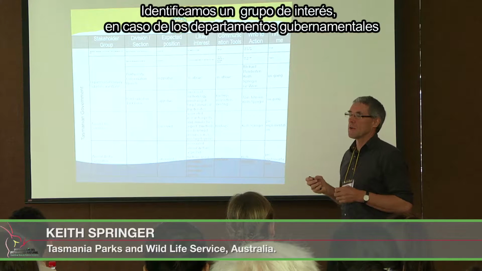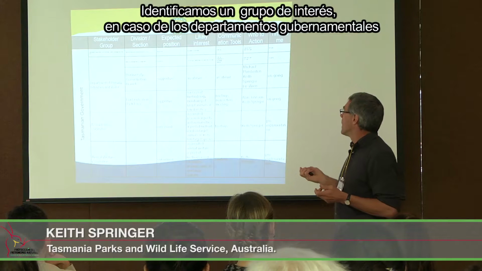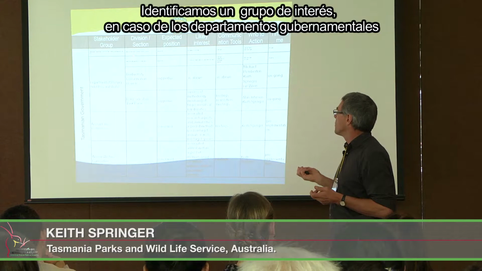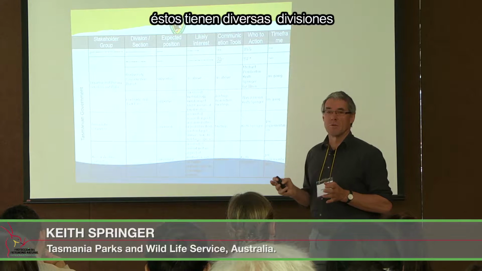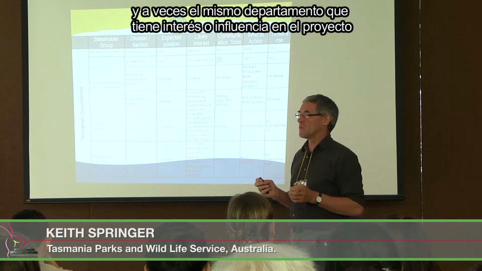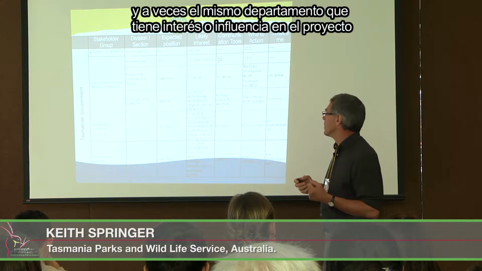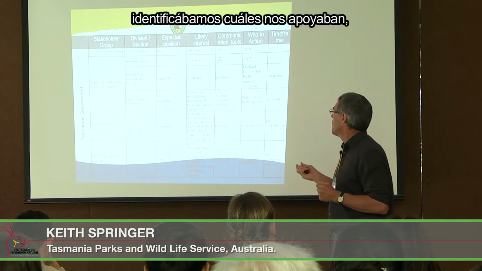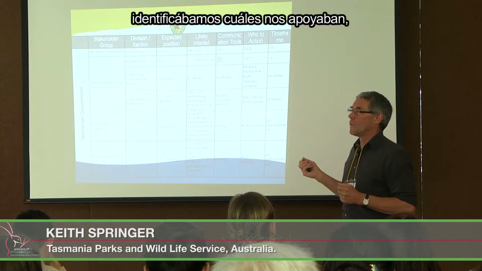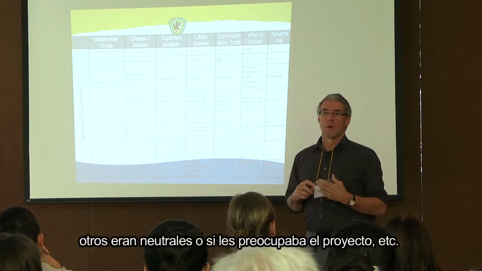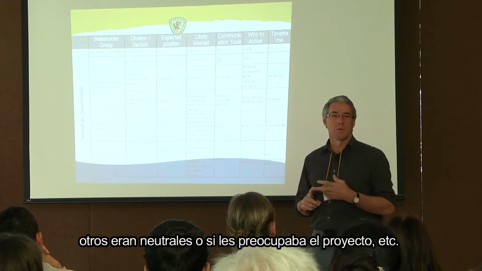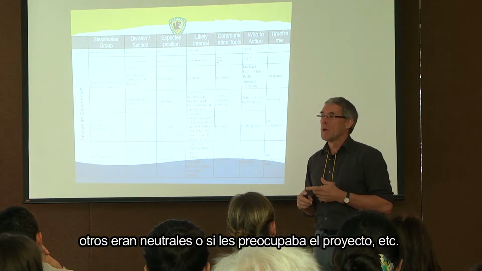We identified the stakeholder group, who it was. In the case of government departments, there were often numerous divisions, sometimes of the same department, who were going to have an interest in this project or an influence in the project. We identified what we thought their position would be, whether they were supportive or neutral or opposed or concerned.